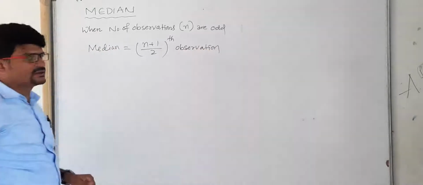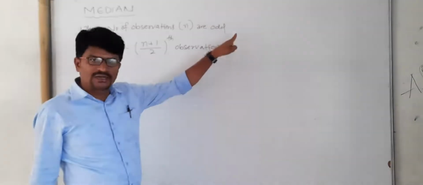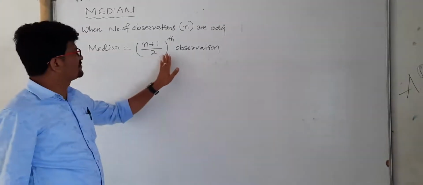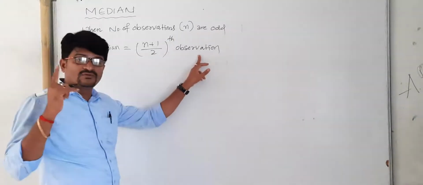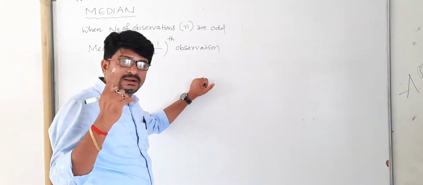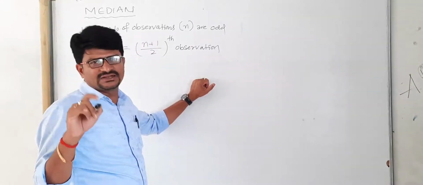Clear, children? When the number of observations n is odd, median is the n plus 1 by 2th observation. Children, don't forget that the data must be arranged either in ascending order or descending order.